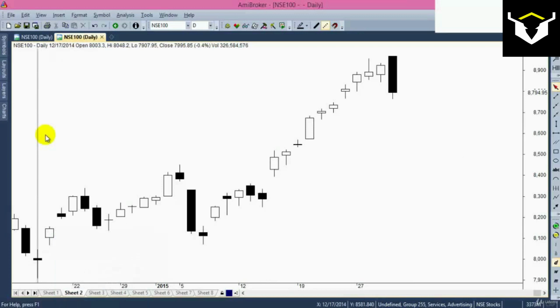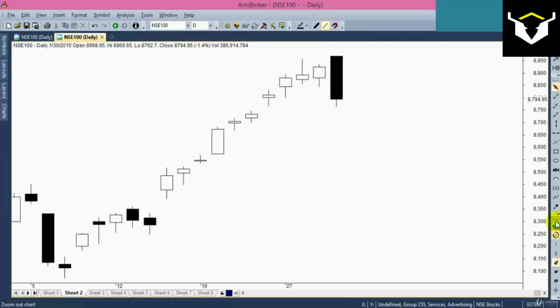Following is a daily chart of NSE 100, and as of the last bar, prices have traded on 30 Jan 2015. As of the last bar, you can see a strong down day has taken place, or a dark colored candle has come up.